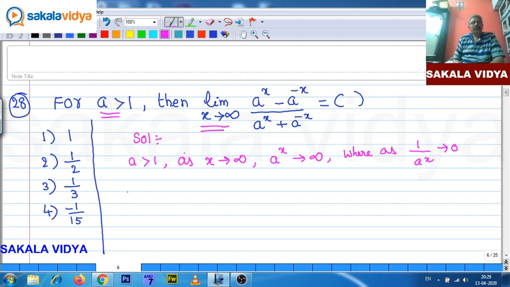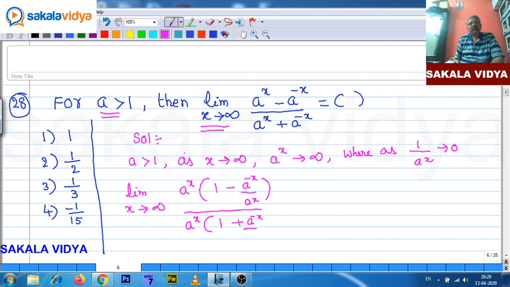So this we can write like this now: limit x approaches infinity, or you can take out a^x common, (1 minus a^-x by a^x) upon, in the denominator also take out a^x common, (1 plus a^-x by a^x). So this a^x gets cancelled.